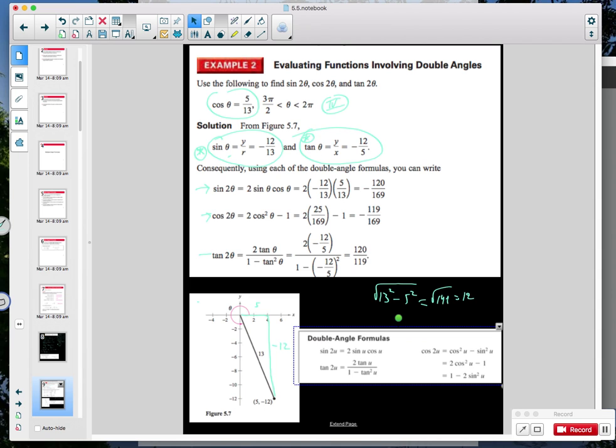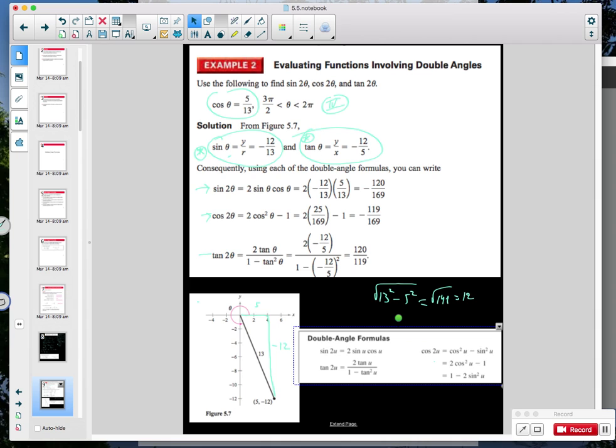Let's talk about the cosine 2 theta. You can just use 2 cosine squared theta minus 1. You can use the second middle formula. So again, you use the cosine theta, which is 5 over 13. So it's 2 times 5 over 13 squared, which is 25 over 169, minus 1. So you get negative 119 over 169.